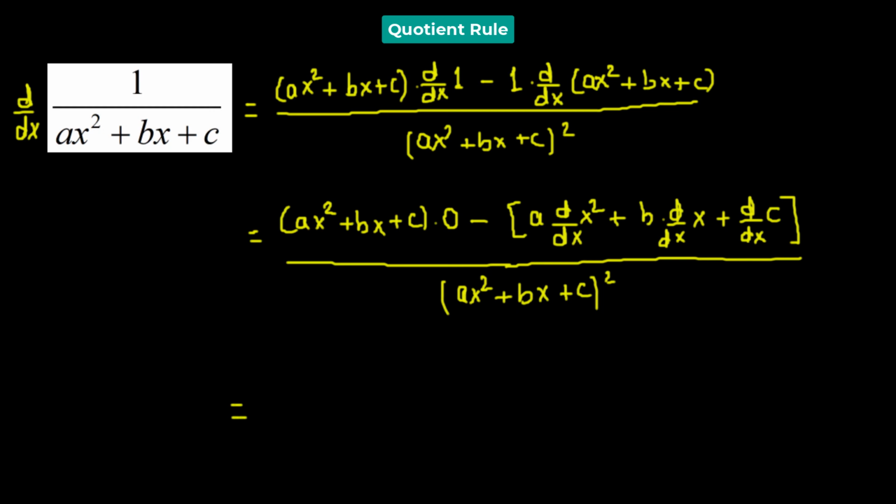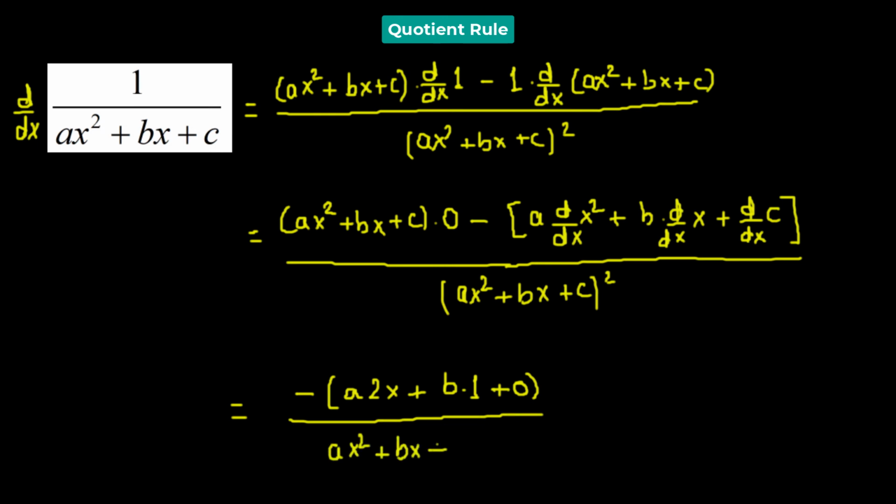So we have ax squared plus bx plus c times 0 will be 0, so we have negative a times the derivative of x squared, which will be 2x, plus b times the derivative of x will be 1, plus the derivative of the constant coefficient is 0, all divided by ax squared plus bx plus c whole squared.